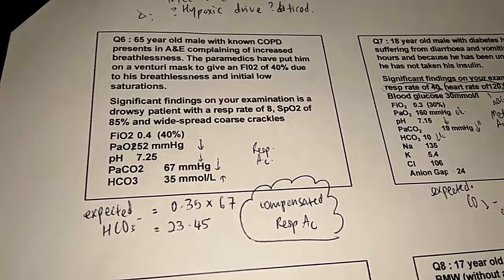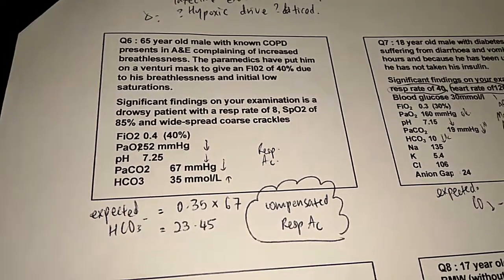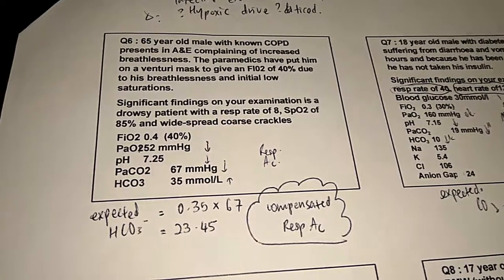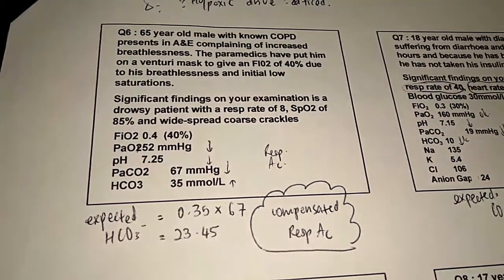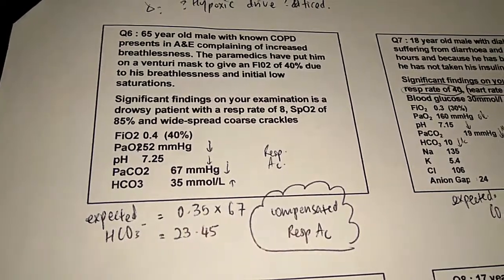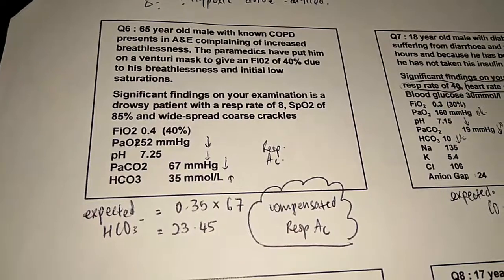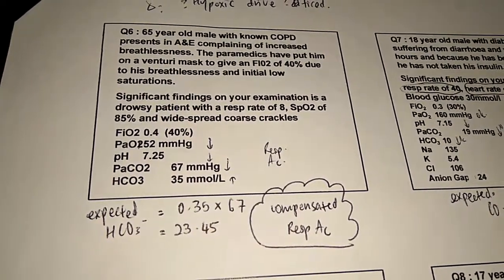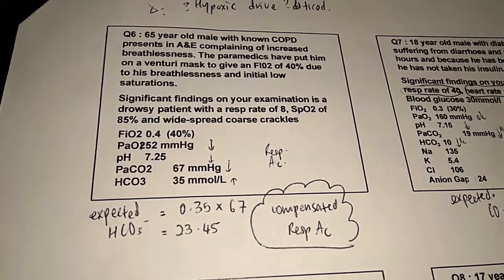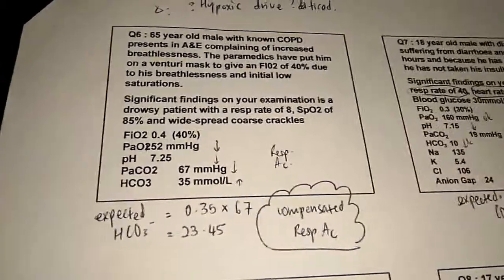The bicarb is 35, so even though it is high, we consider it as compensated because we do need bicarb of more than 23. So this patient is in a compensated respiratory acidosis.